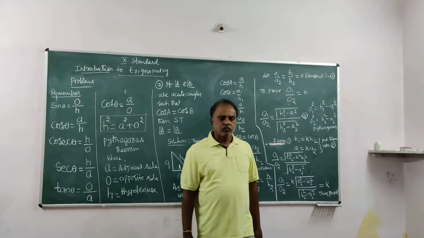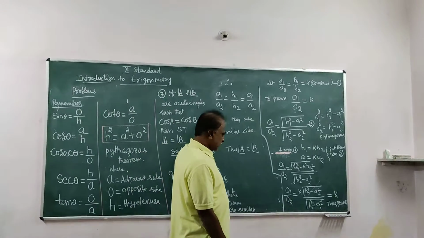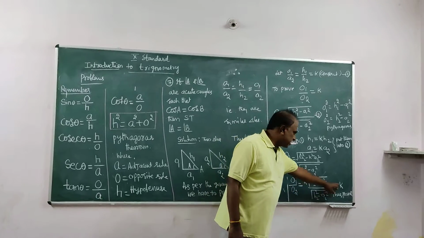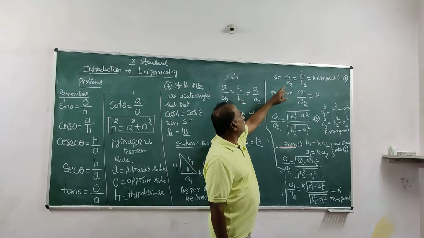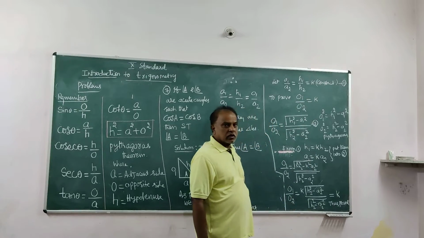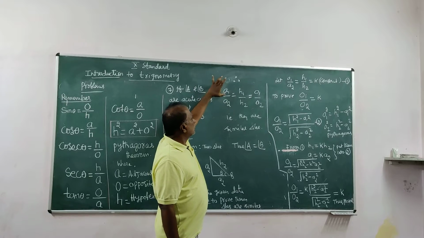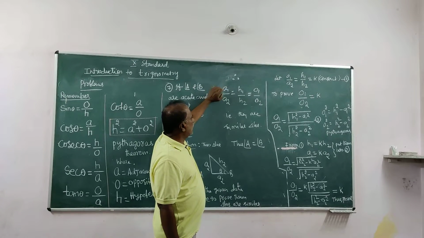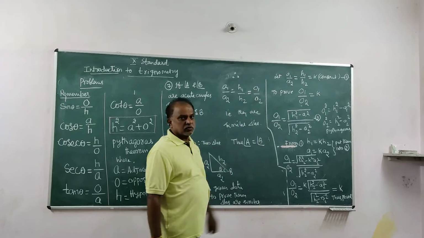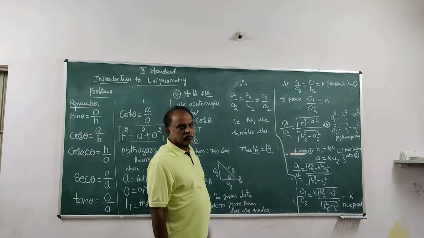Thus proved. O1 by O2 equals k. Look at this, we already have this ratio equal to k, and this also k. Therefore, we can write A1 by A2, H1 by H2, O1 by O2: corresponding sides, the ratios are the same.